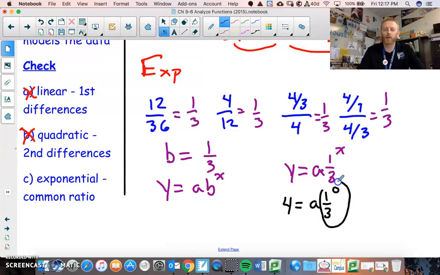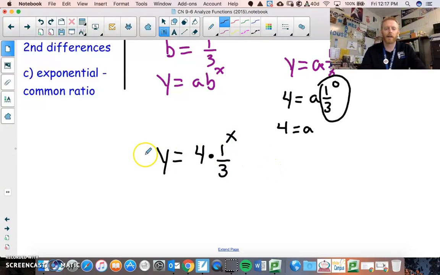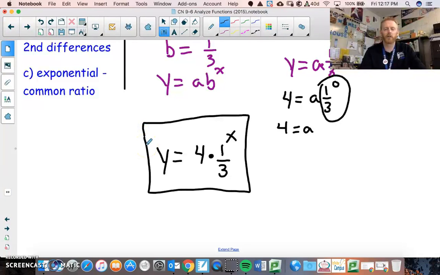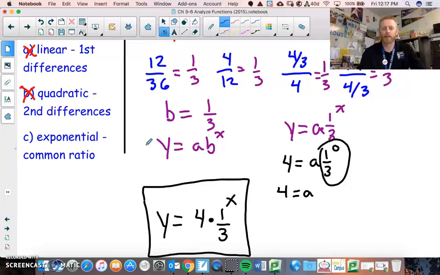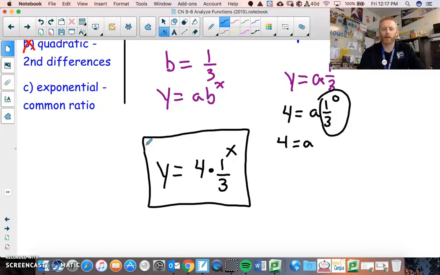Now 1/3 to the 0 power is equal to 1, so that means that a is equal to 4. And if we have 4 is equal to a, I can now plug things in. So I have y is equal to 4 times this 1/3 to the x power. And that would be my exponential function for this specific problem, because a was 4 and b was that common ratio of 1/3. And then all we would plug in is x to get our numbers.